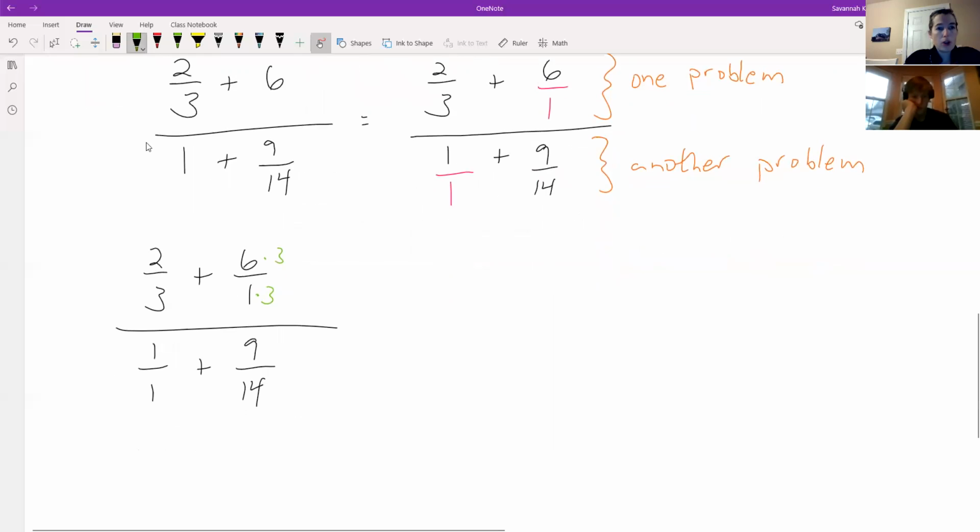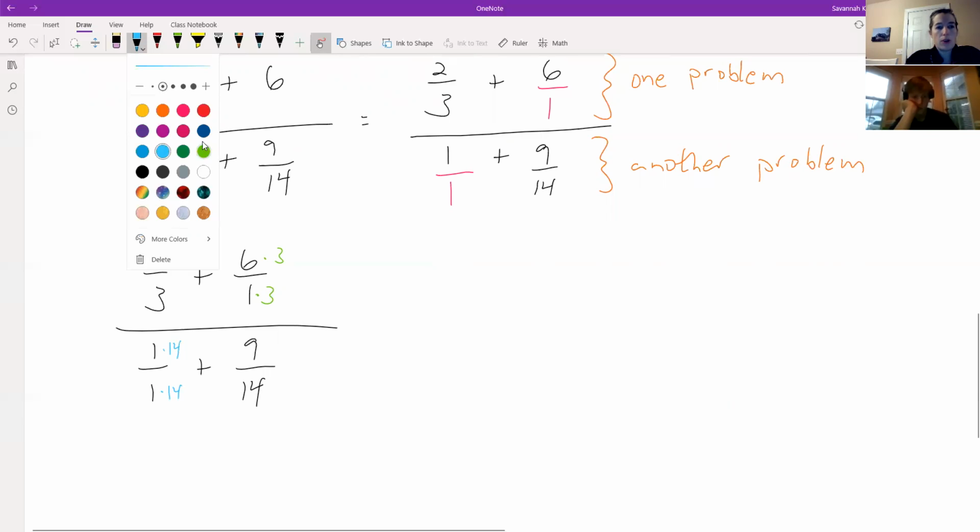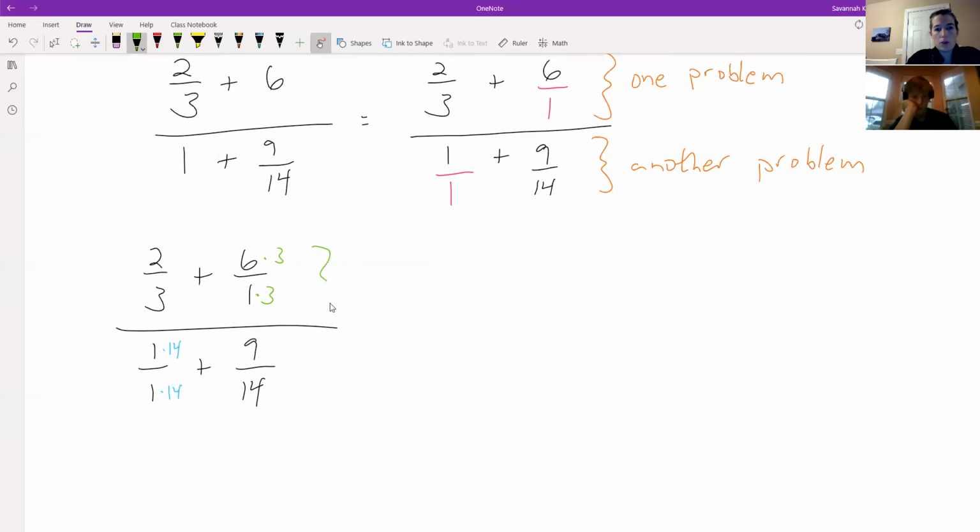And then down below, another common denominator. This one is 14, so I have 14 and 14. So let me go ahead and make that clear.